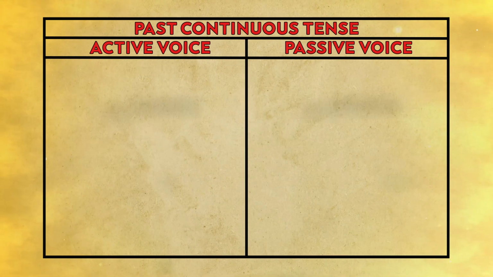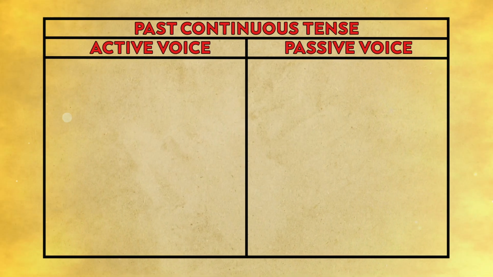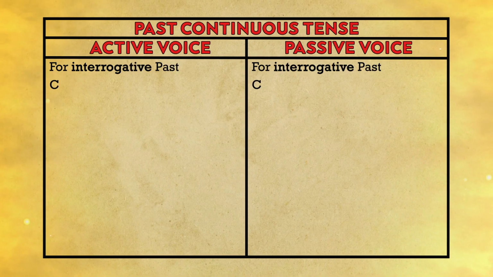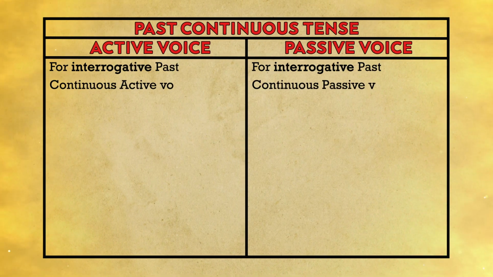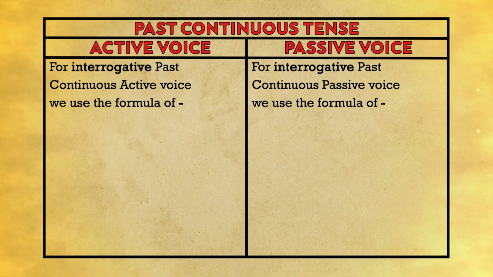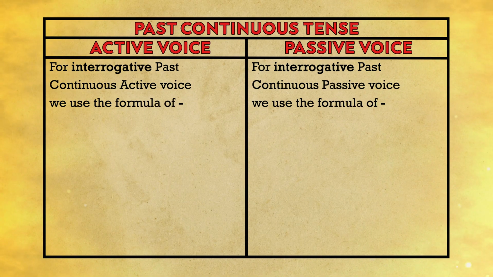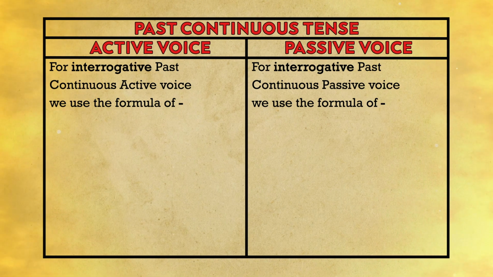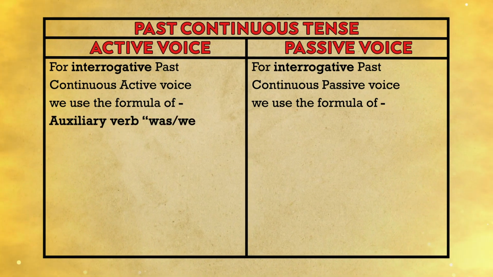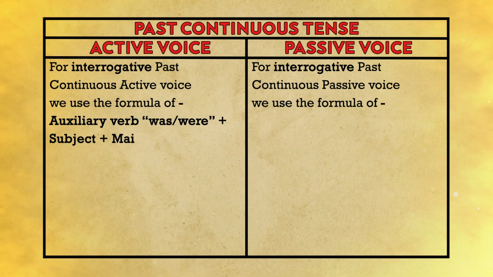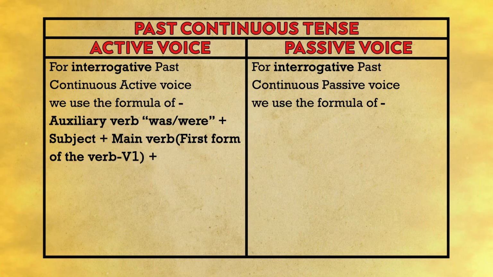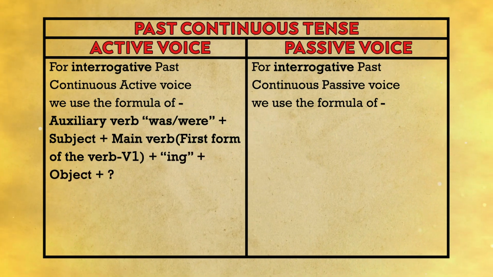Now we come to the next structure formula in the past continuous, that is past continuous interrogative active sentences. So, for past continuous interrogative, we use the formula was or were, that is auxiliary verb, plus subject, plus main verb, that is verb 1, plus ing, plus object.